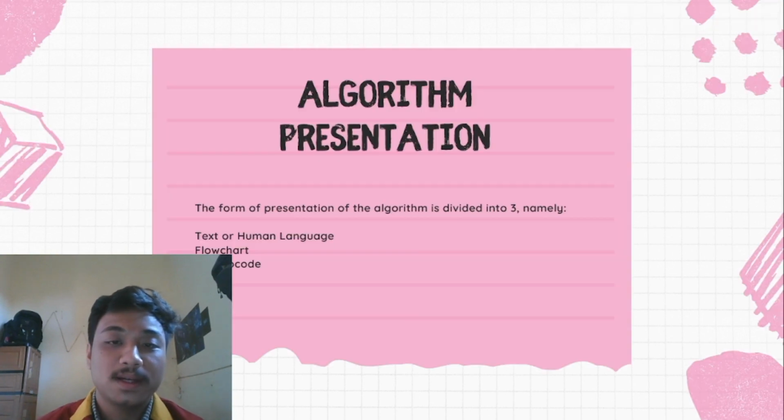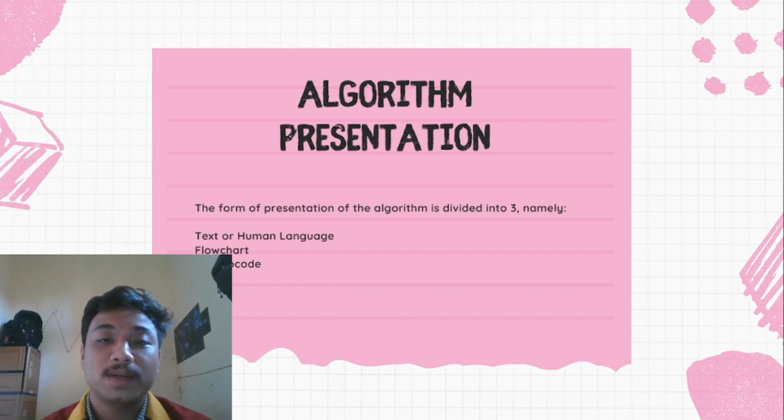Next, algorithm presentation. The forms of presentation of algorithms are divided into three. One, text or human language. This means an algorithm can use human language for building it.